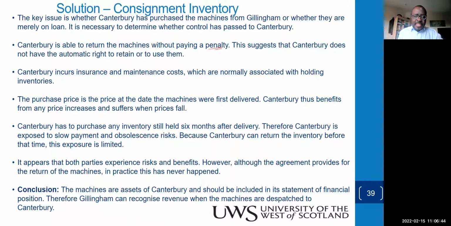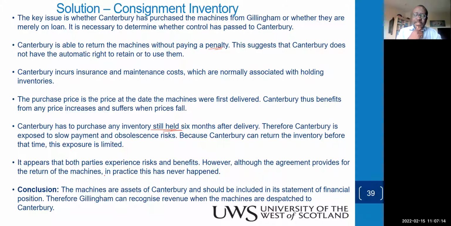Okay. They said he's taken possession and he's held several assets even after 6 months. Now he could have returned it, he still kept them. He will suffer from any slow payment or obsolescence. But in reality, they said he could have returned it before this time to limit the exposure risk of keeping these items in stock, which could run into obsolescence.